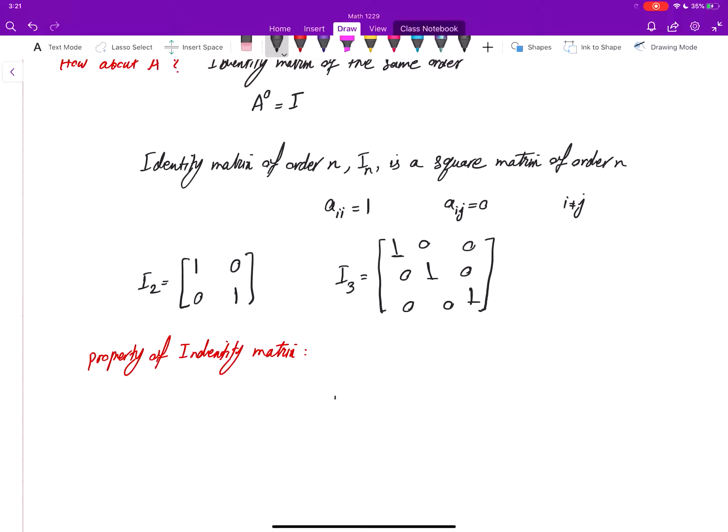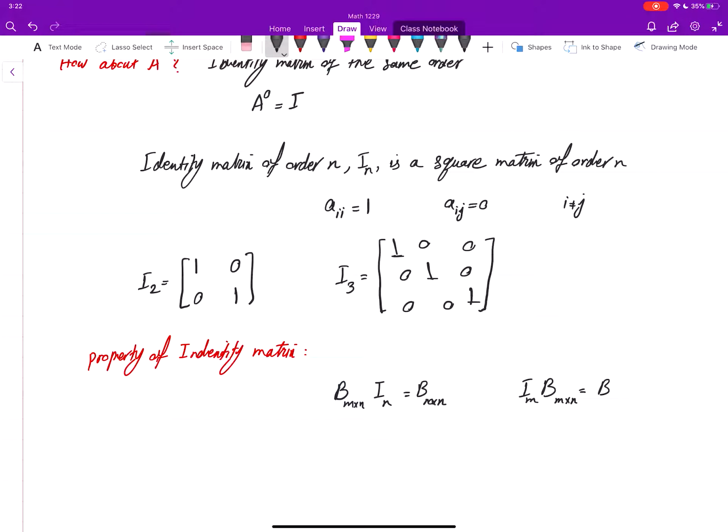So if you have a matrix B of size m by n and you multiply it by the identity matrix of order n, you get B back. Or if you multiply the identity matrix by a matrix such that the product is defined, you get back the same matrix.